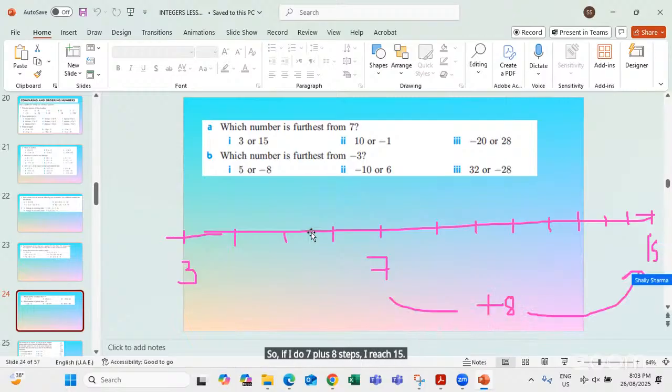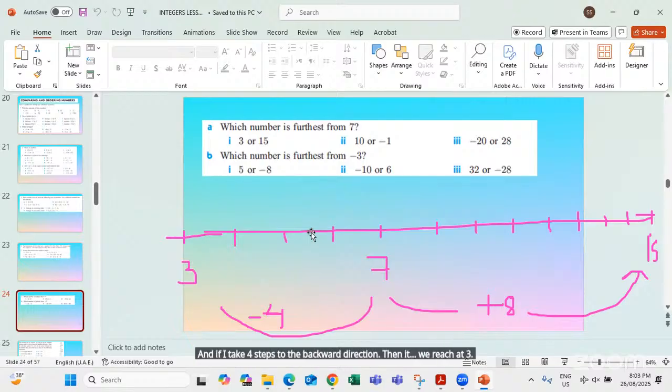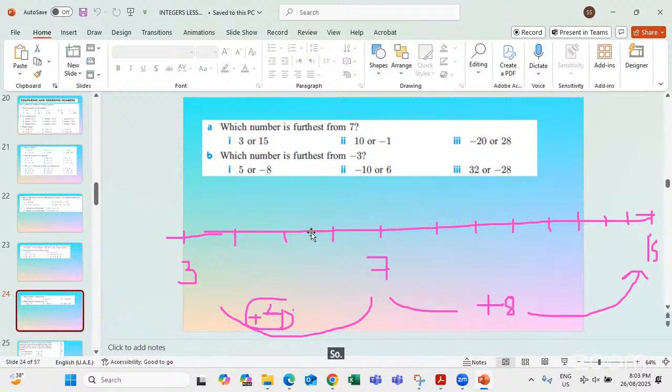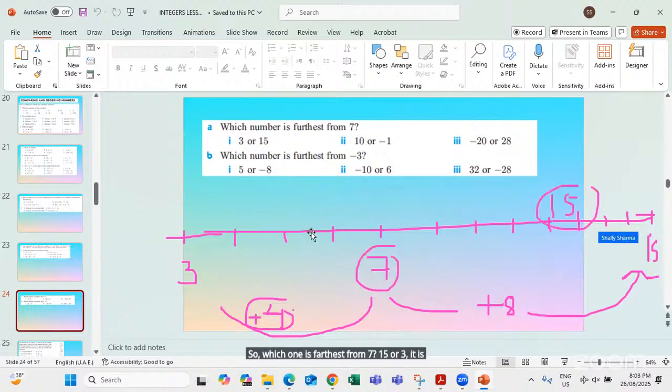And if I take 4 steps to the backward direction, then we reach at 3. Now when I'm taking 4 steps, steps are positive. It's just we are taking it in the negative direction. So which one is farthest from 7? 15 or 3? It is obviously 15. 15 is farthest from 7 as compared to number 3.